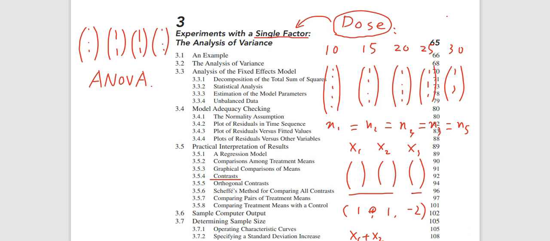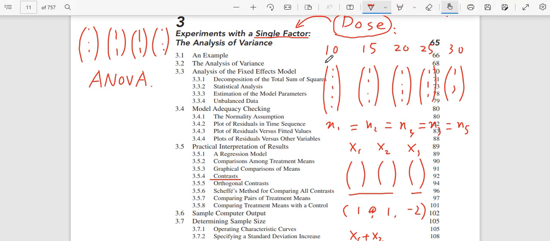For example, for patients, we have different people, right? Some male, female, or some people old, some people young. So we just try to pick them randomly. So in this 10 level we have some people young, some people old.